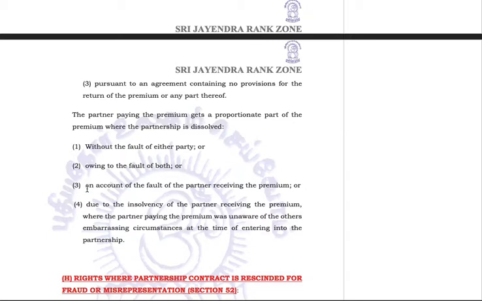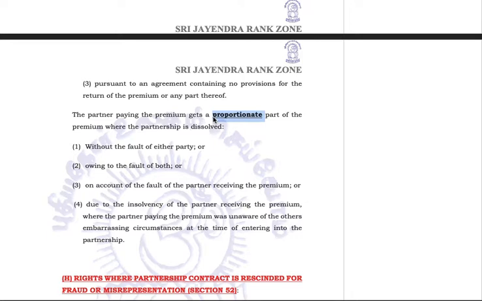But in these four cases, when there is no fault of either party, no fault of any partner, and the firm is dissolved, or both are at fault, or on account of fault of the other partner, or the insolvency of the other partner, in this case he will get a proportionate part.